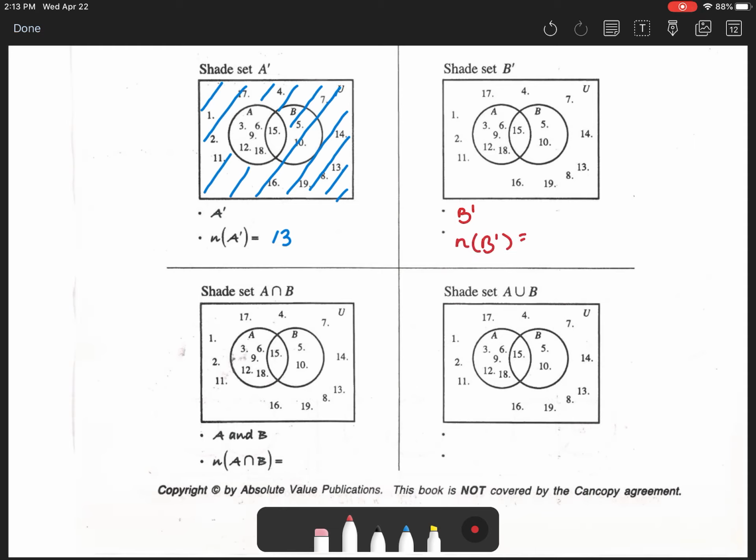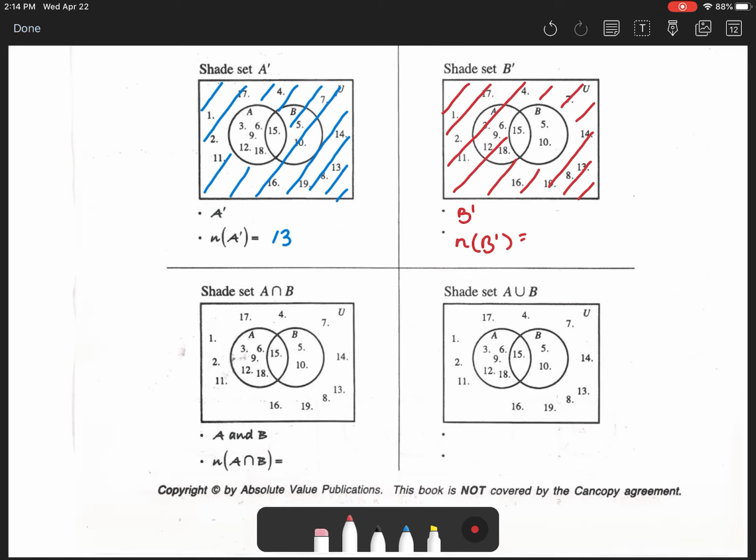Next example, again, what does that mean? Okay, well, that is the complement of B, or not B. And then I want to know the number of elements that are not in B. So again, right above this question, we shaded what B was. So the complement of B is everything except circle B. So I shade everything except for what is inside of circle B, like so.